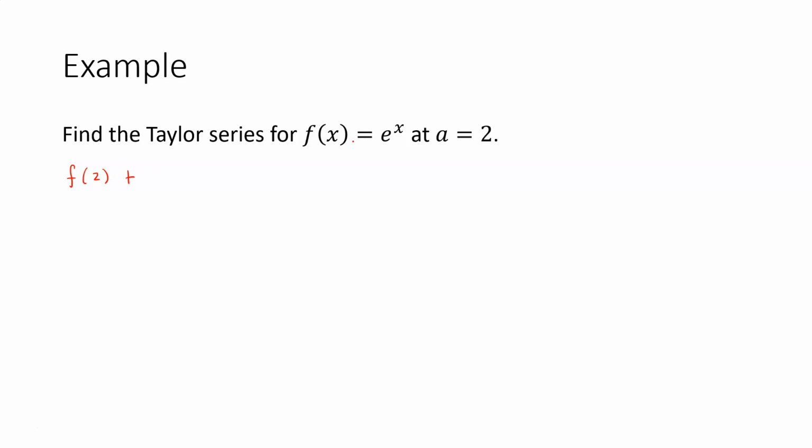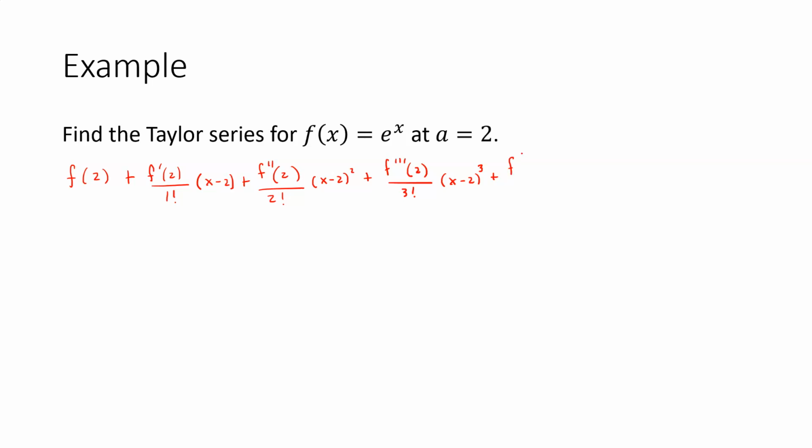So we know the Taylor series for any function centered at 2 would be of the form f of 2 plus f prime of 2 over 1 factorial times x minus 2, and then plus f double prime of 2 over 2 factorial times x minus 2 squared, f triple prime of 2 over 3 factorial times x minus 2 cubed, and so on, right?